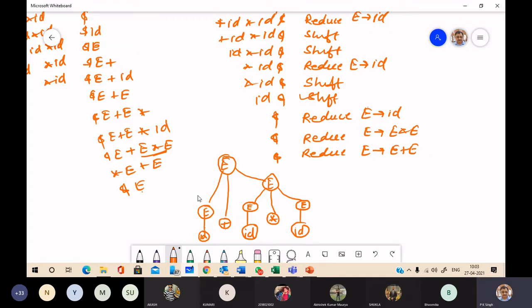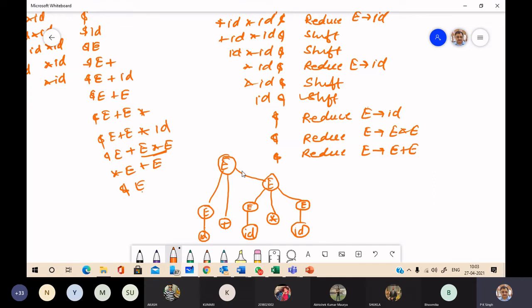In this way, your parser will create the syntactic structure. If your parsing is correct, you will get the syntactic structure automatically.